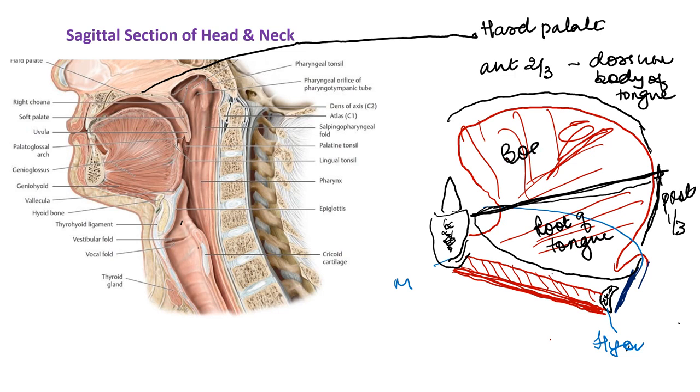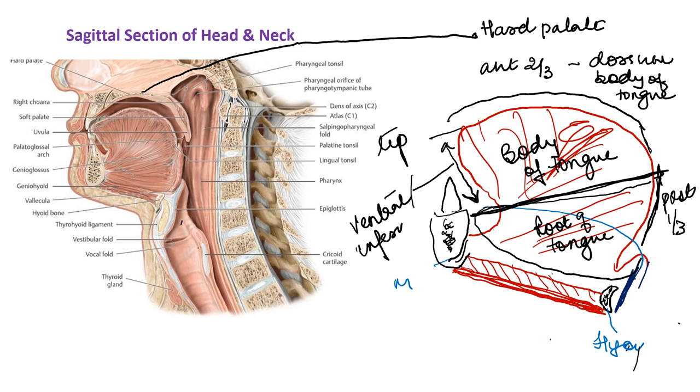This is the body of the tongue, which is formed by the anterior 2/3 of the dorsum. This is the dorsum of the tongue. This was the tip of the tongue, and this surface is the ventral surface or the inferior surface of the tongue, the part of the tongue which is in the direction of the floor of the mouth.